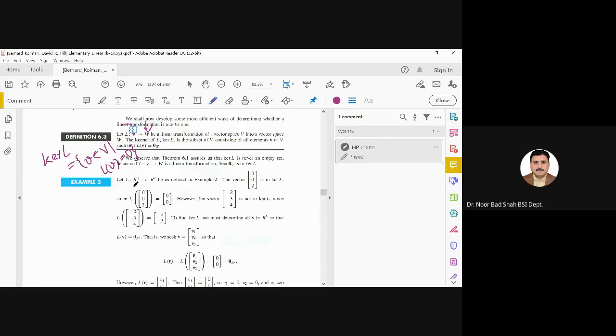This is an example. Take L from R3 to R2, defined earlier, which is again a projection. L of (0, 0, 2) is (0, 0), L of (0, 0, 4) is (0, 0), and so on. So all those vectors whose first two components are 0 belong to the kernel.